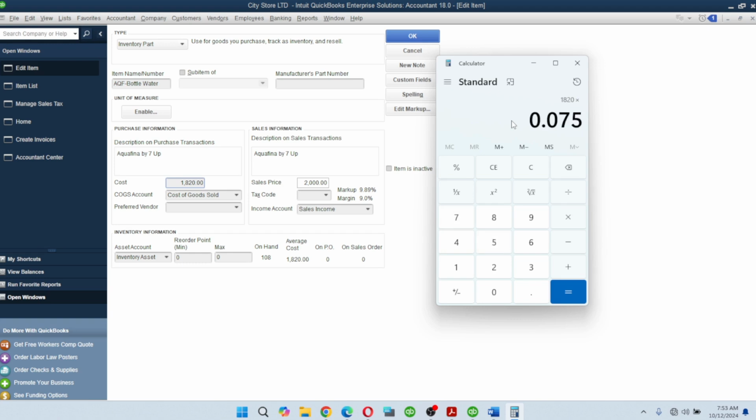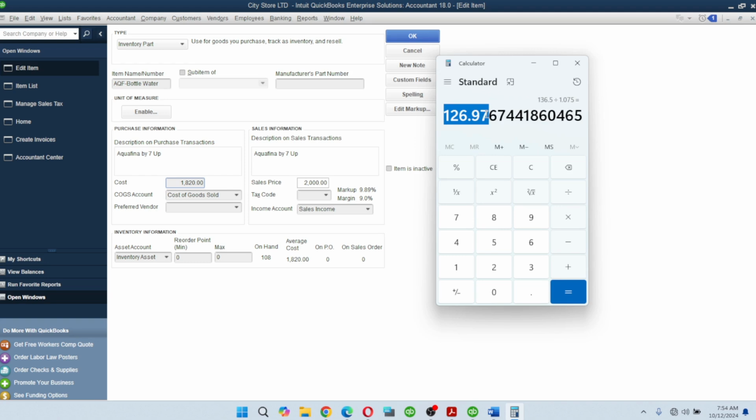Now we are going to divide this by 1.075. That means we are adding back the tax rate, and the tax that was charged. So when you divide it by 1.075, it will give you the total value of tax you paid.